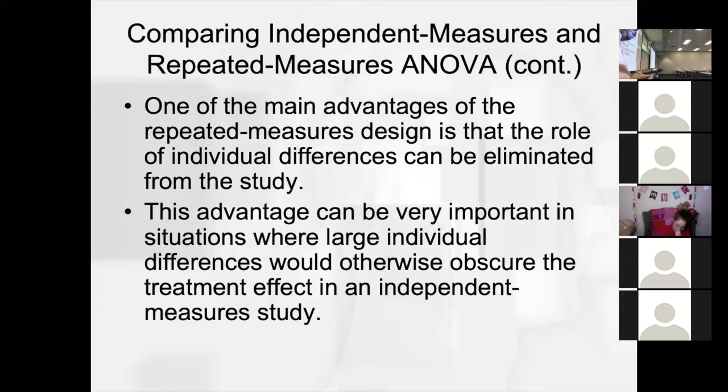And so when you're studying something with a small effect size, right, something that isn't necessarily going to have a large Cohen's d or large eta squared, it's a small effect, but it's worth studying. Doing a repeated measures test is going to allow you to more easily parse out that between treatments effect.